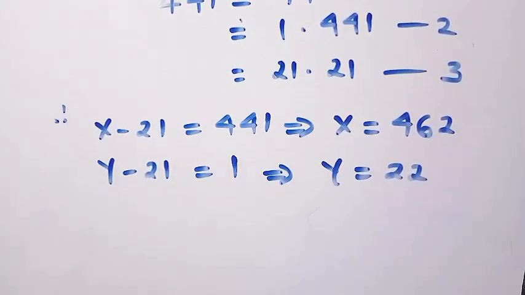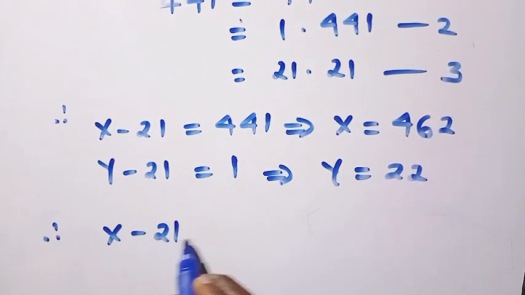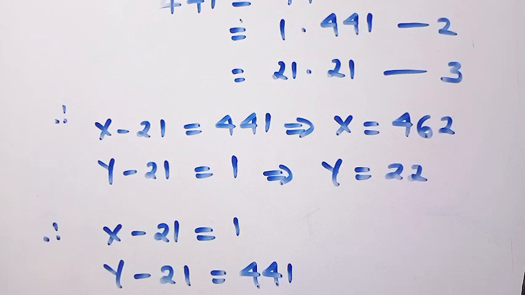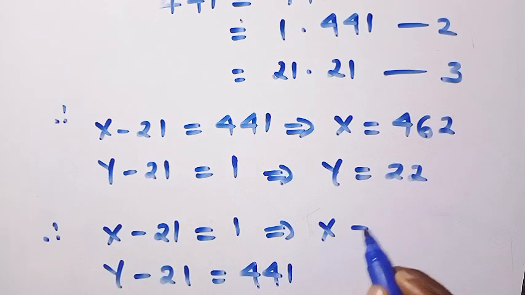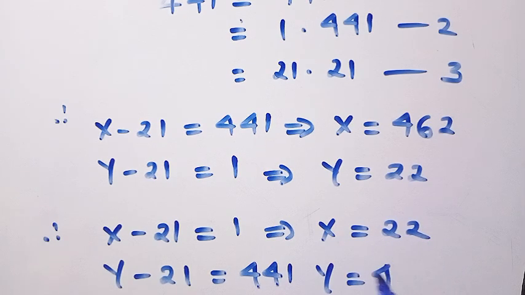When we consider the second case, we have x minus 21 equals 1 and y minus 21 equals 441. And x is 22 and y equals 462.